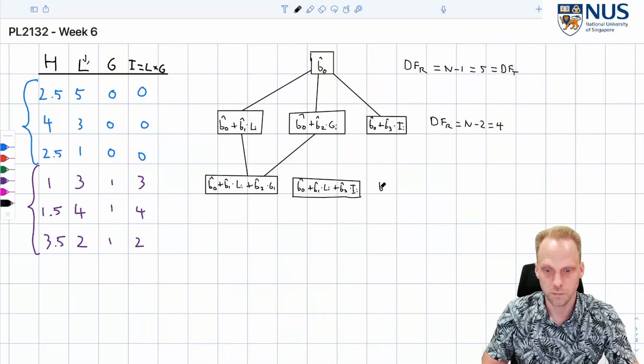Or B0 hat plus B2 hat times the group membership plus B3 hat times the interaction effect.